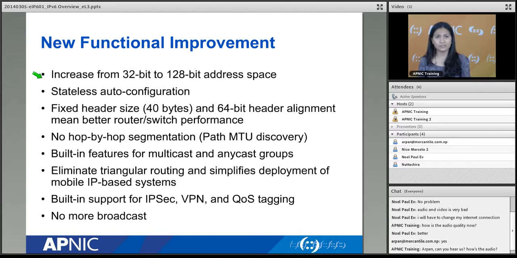So first is an increase in address space. This one is something that you should all be familiar with by now: an increase from 32 bits to 128 bits. Now, not all IPv4 addresses that we have are usable.